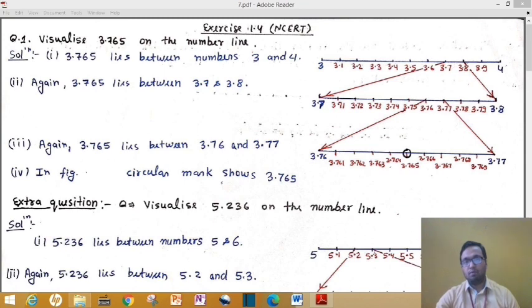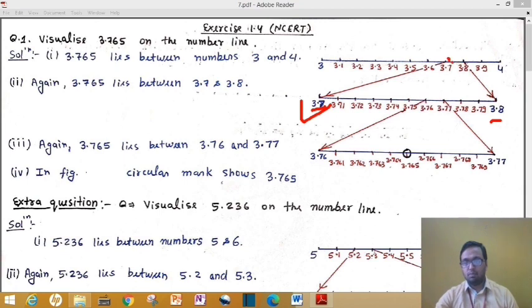With the help of one arrow we will draw this number line. So here it is mentioned 3.7, and here we have 3.8.